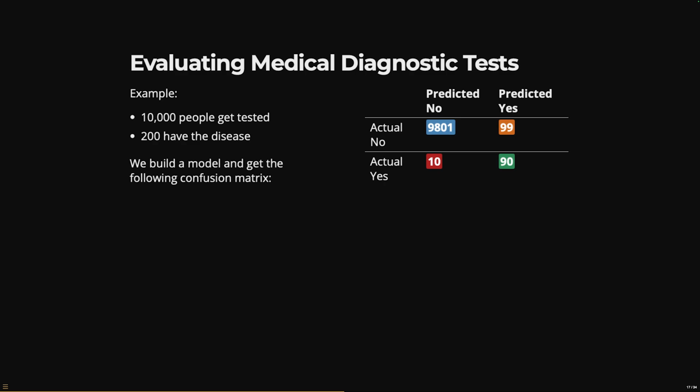And of this, we have our true positives, 90, so not too bad. But we have some where we predicted yes, and they actually didn't have the disease. We have 99 of those. That's the orange. And then we have some where we predicted no, but it's actually yes. That's a false negative, where we thought it was negative, but it's actually yes.